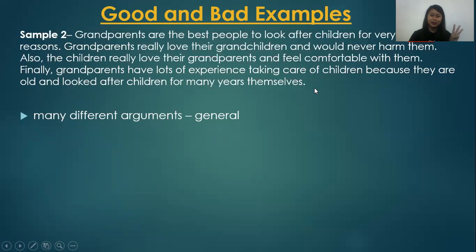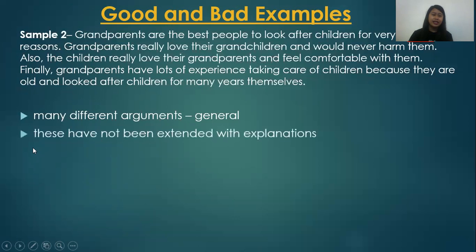Another argument. So as you see, this body paragraph just has many different arguments. These have not been extended with explanations, and they lack examples. And these are the reasons why this one is the bad one.